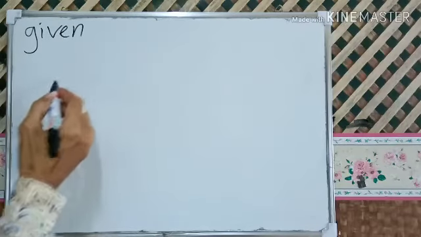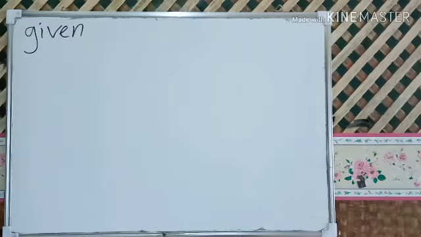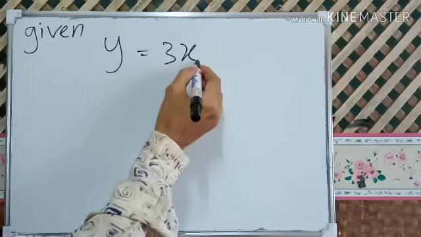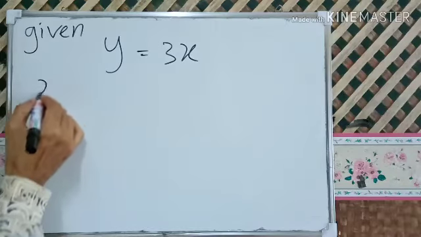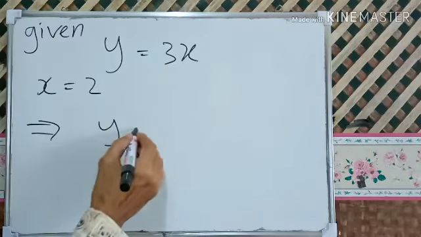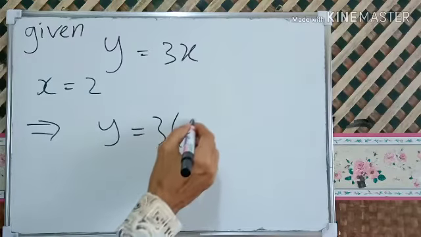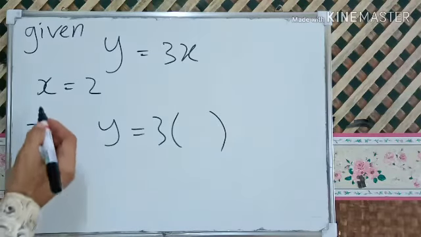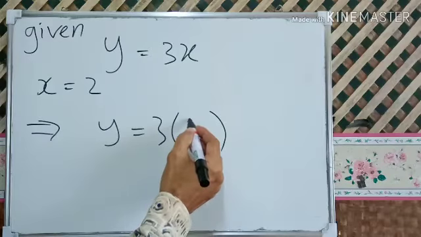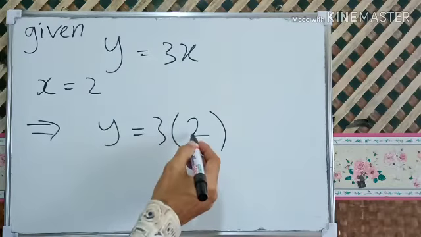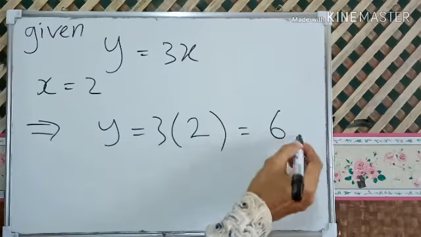If we are given a problem with y equal to 3x and set x equal to 2, so y is 3 and the bracket will be filled with the value of x, 2. 3 multiplied by 2 is 6.